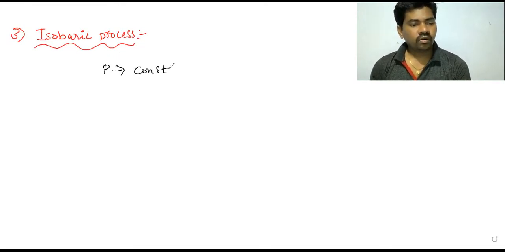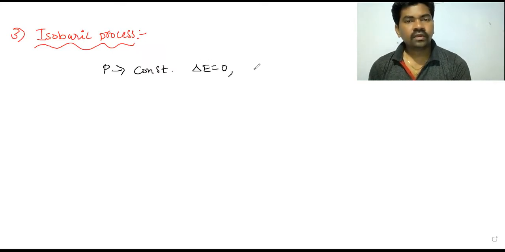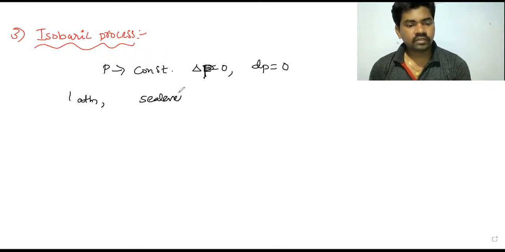So delta P is equal to 0, or dP is equal to 0. Usually this is at 1 atmospheric pressure, at sea level or in an open container.